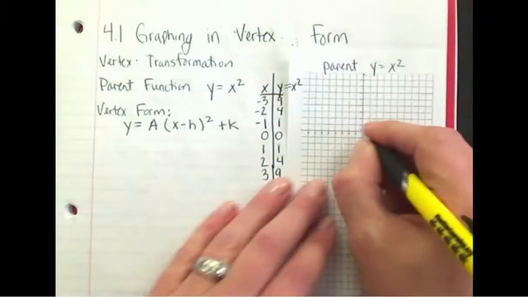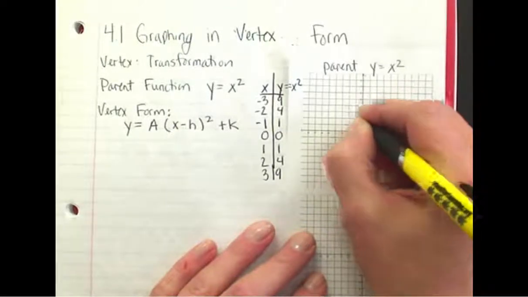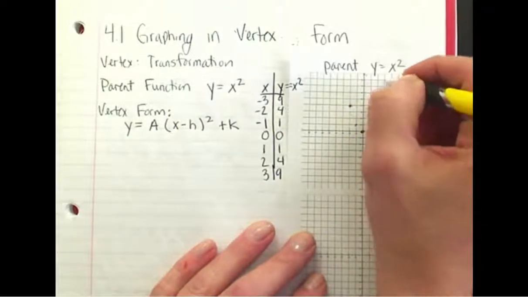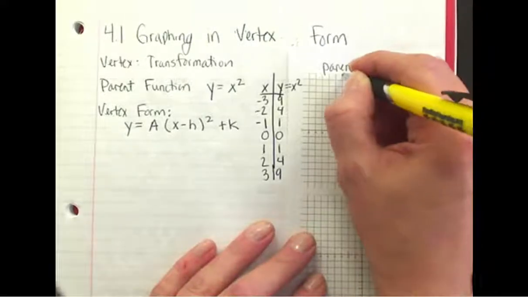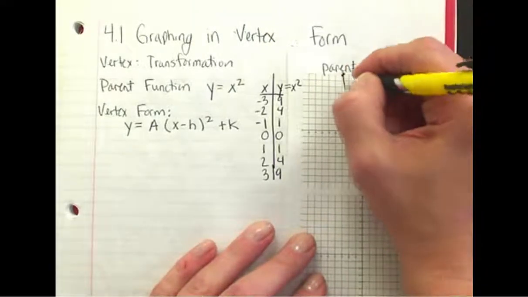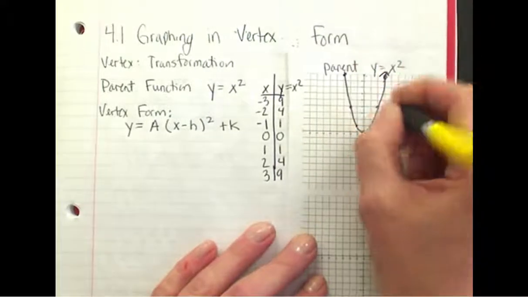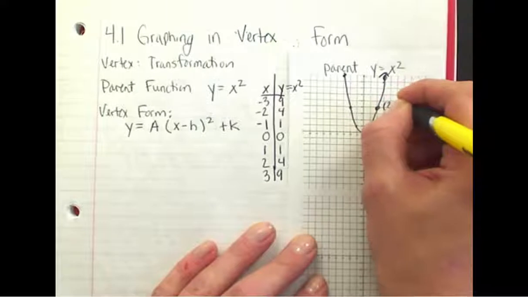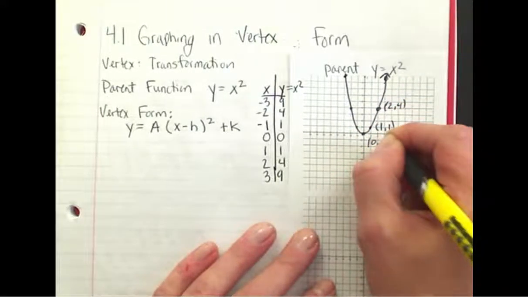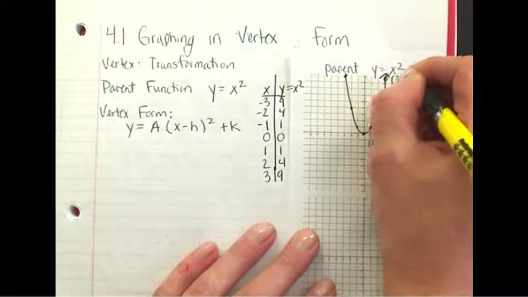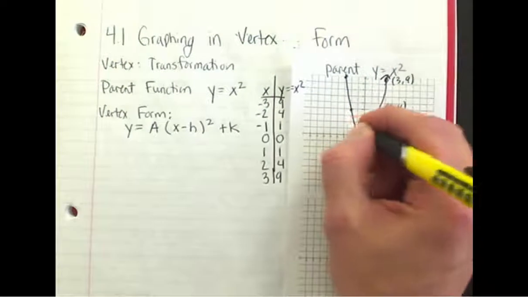Okay, and I'm going to draw my parent. Oh, that's 9 up here. Okay. Nice and curved. I'm only going to label half of them because the other half are symmetric.